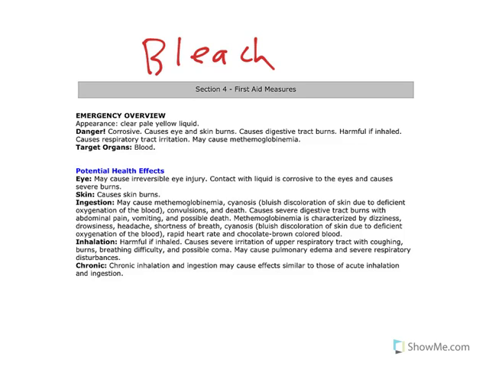Eye may cause irreversible eye damage. Contact with liquid is corrosive to the eyes and causes severe burns. Skin causes severe burns. Ingestion may cause all this other stuff. Inhalation, harmful if inhaled. And so you, as an employee somewhere, have a right to know what chemicals you're working with. And the way you can look that up is MSDS.